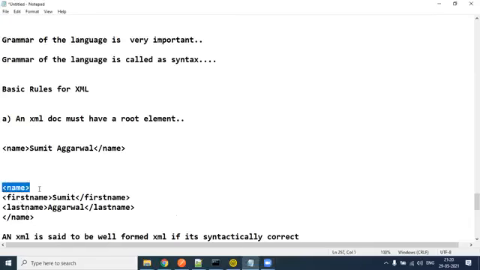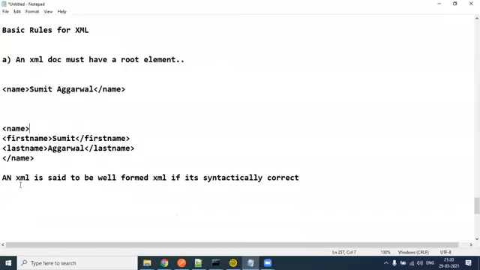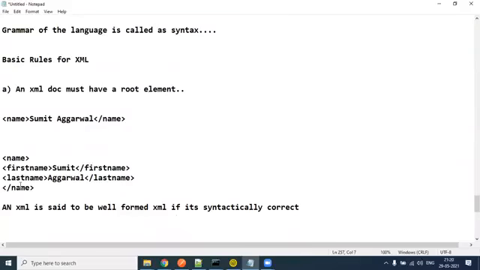So the name of the root element can be anything because XML allows us to define the name of elements as per our convenience. XML does not say that the name of the element has to be this or that.